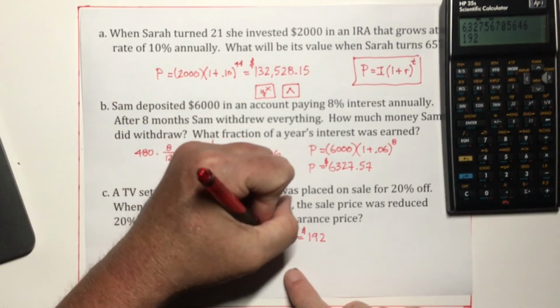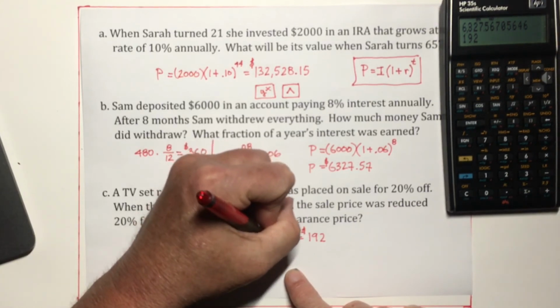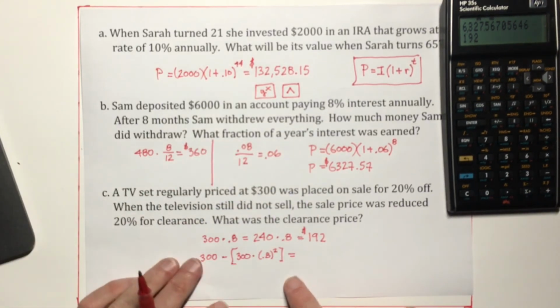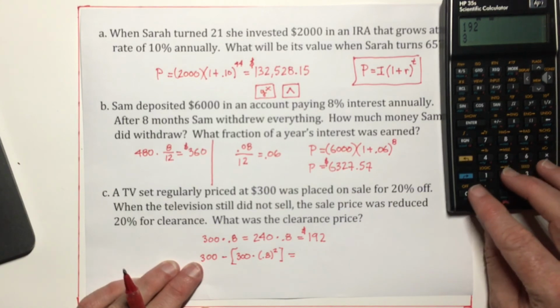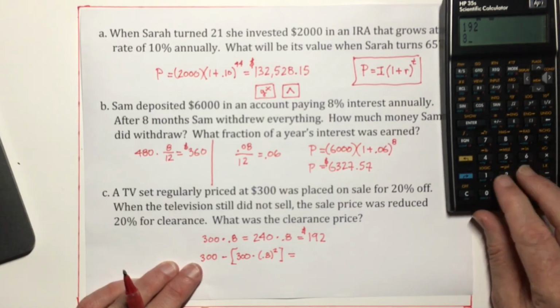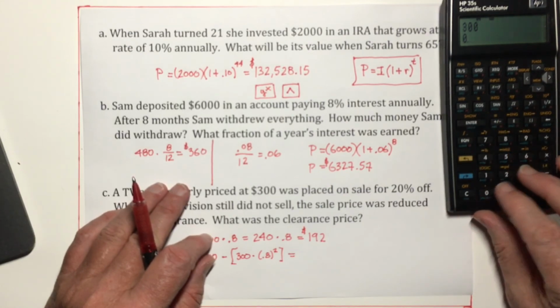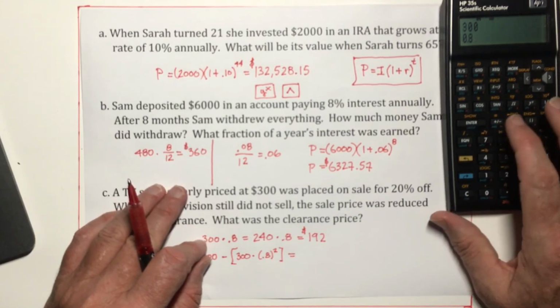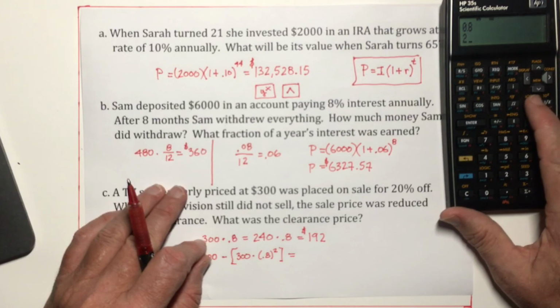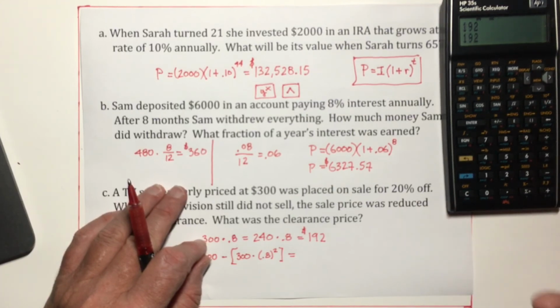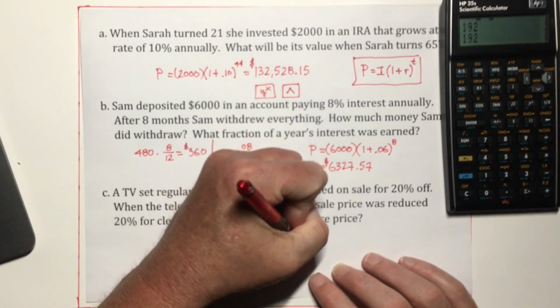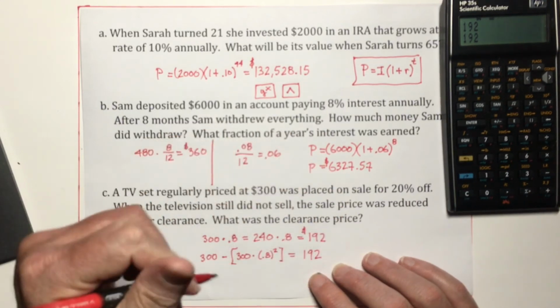And since we're doing it twice, we're going to raise that to the second power. Okay, so I would get 300, 300 times 0.8 squared. Wow, 192. What do you know? There you go.